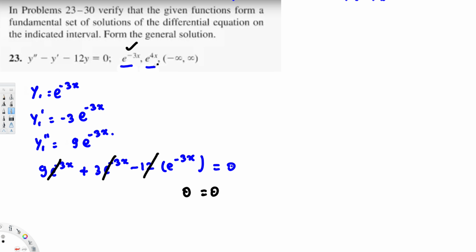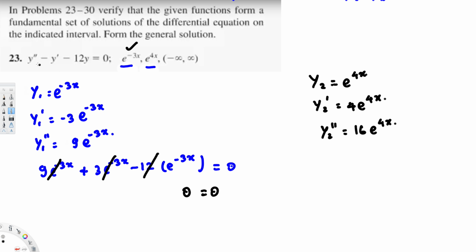Now we have to check whether this other one is a solution. To find that out, we take the derivatives again. Let y2 be e power 4x. The first derivative is 4 e power 4x, and the second derivative is 16 e power 4x.